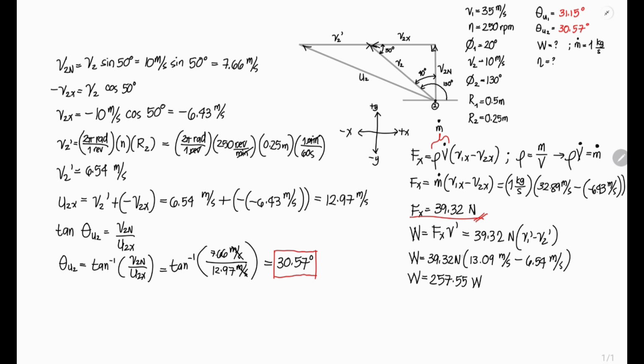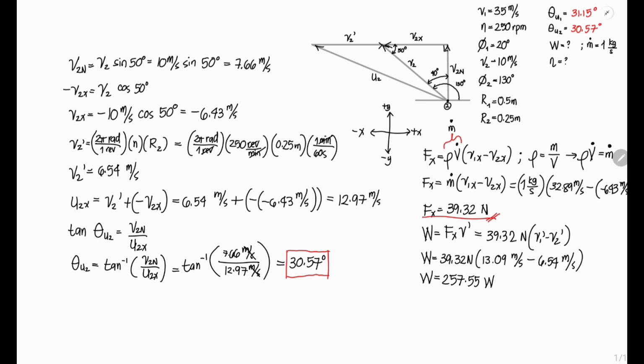So, paano naging watts? That is Newton multiplied to meter, that is Joule. Joule per second is equal to watts. So, this is now the value of the work. So, supply natin ngayon yung value ng ating work dito sa ating table. That is 257.55 watts.